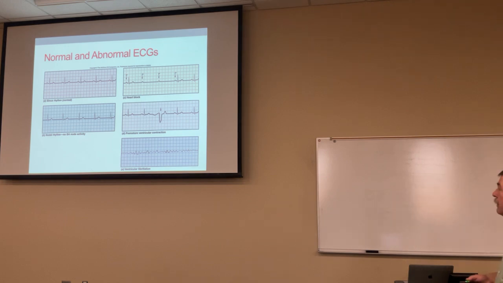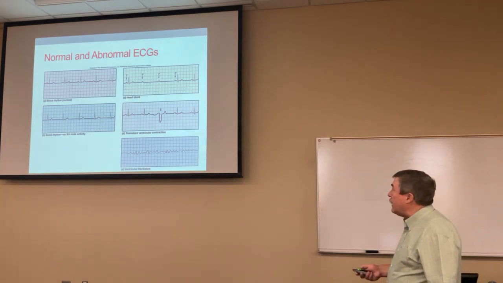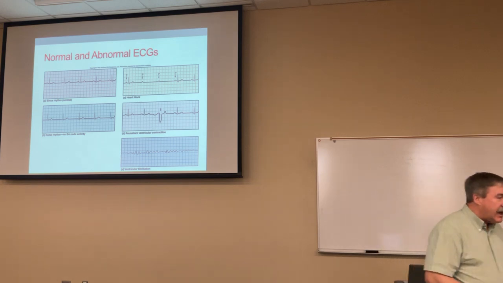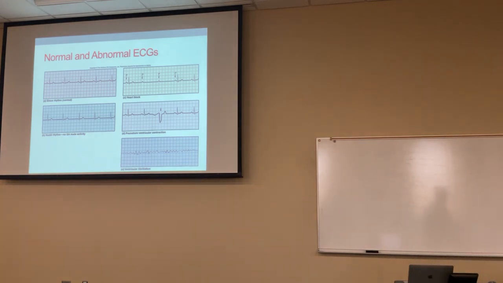Now, if the SA node is not functioning properly, if the SA node is not spontaneously depolarizing because maybe it's damaged, then you won't see a P wave in front of each QRS complex, because that means the atria are not depolarizing.